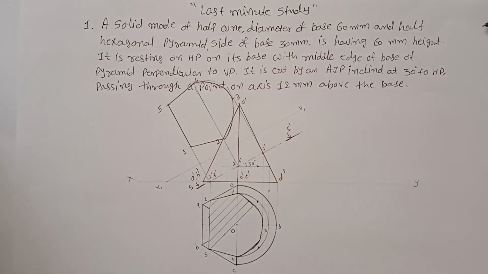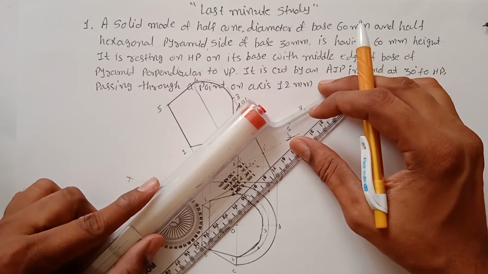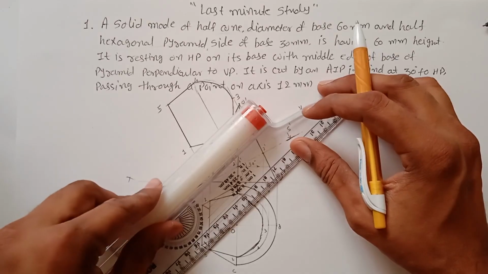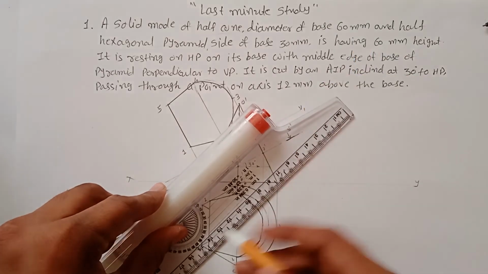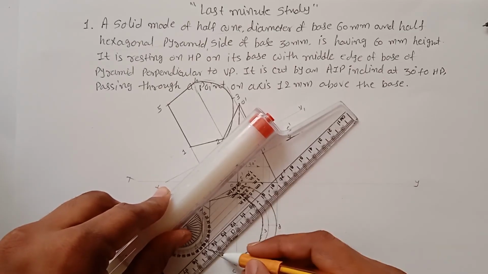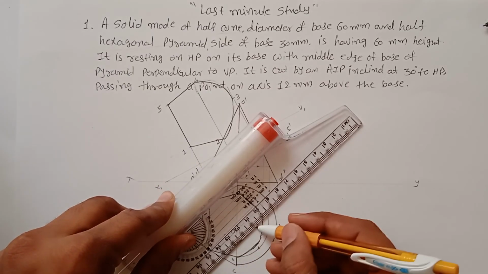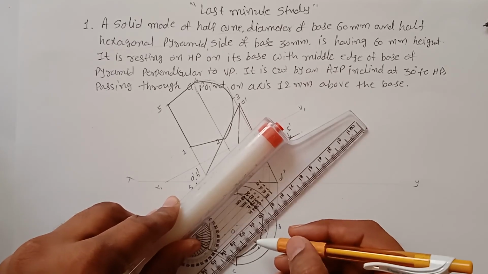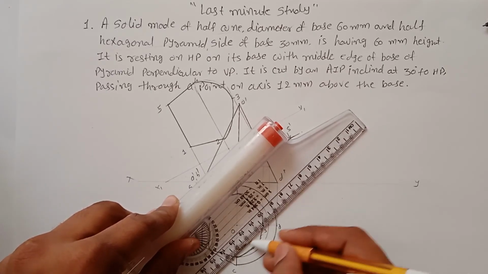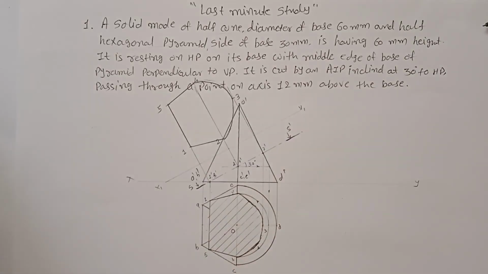So this is your half sectional part, and the rest of the section lines like this. So this is your sectional part.